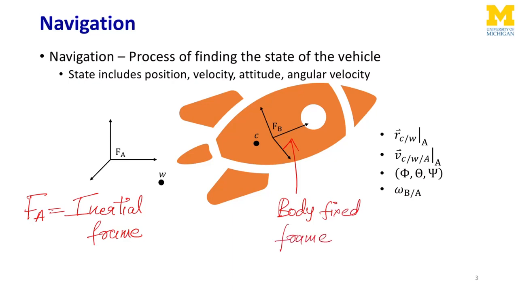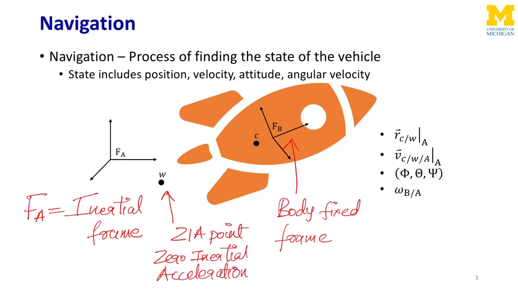We are going to assume that C is some point fixed in the body, and W is an unforced particle or unforced point, or ZIA point. I don't know if Professor Bernstein has talked about ZIA, but ZIA means zero inertial acceleration. So this is a ZIA point, and ZIA stands for zero inertial acceleration.